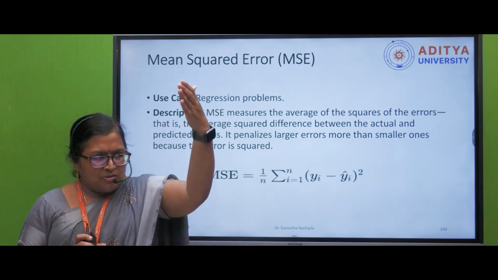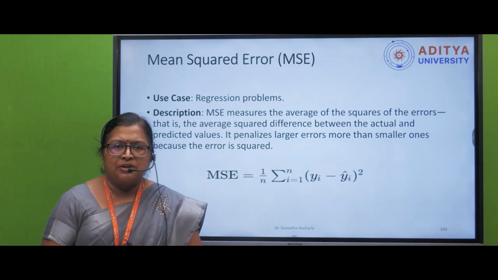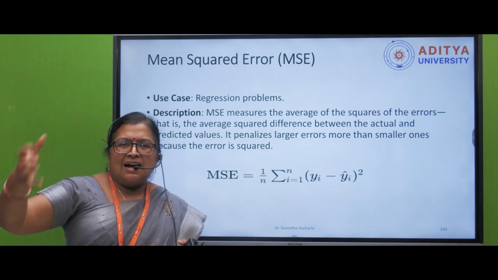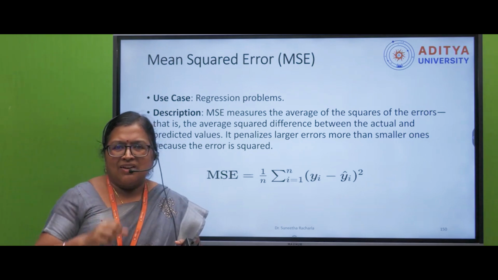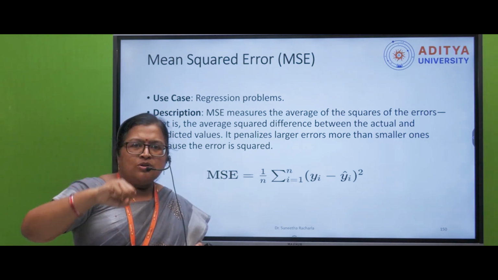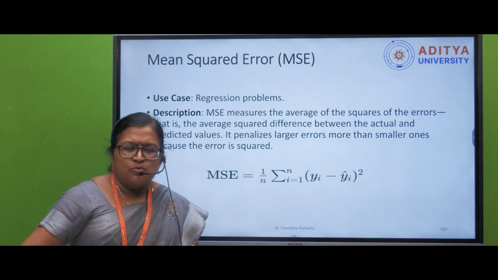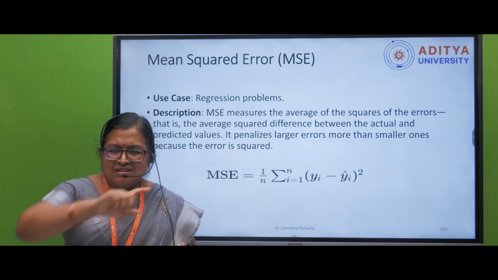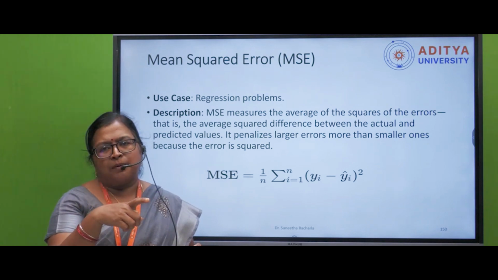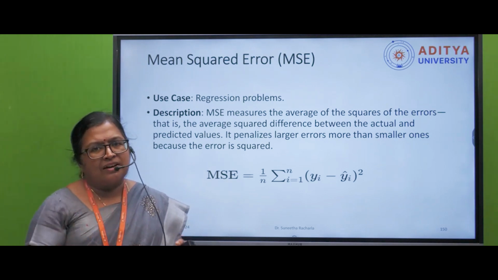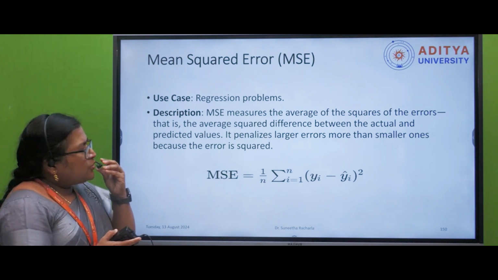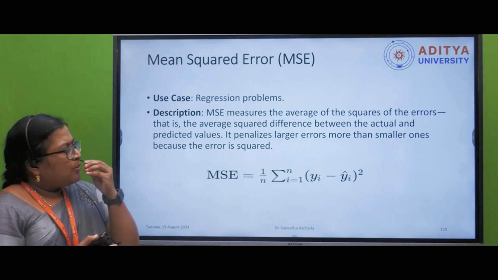Suppose I have 100 nodes in the output layer, and 70 nodes give a very large error and 30 nodes give a very small error. Those 30 nodes will be ignored, the 70 nodes will be considered, and those errors will be squared and summed and given back to the hidden layers, activation functions and optimizers. This is how MSE works. We normally use MSE for regression problems.